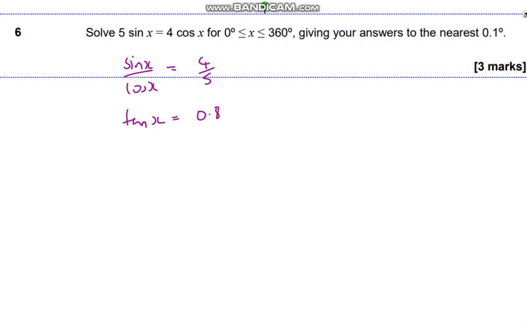Then x is going to be tan to the minus 1 of 0.8, which is 38.7 degrees, but we know that tan has period 180, so we're also going to have to add 180 to that, which is 218.7 degrees. So there's your 2 answers to that.